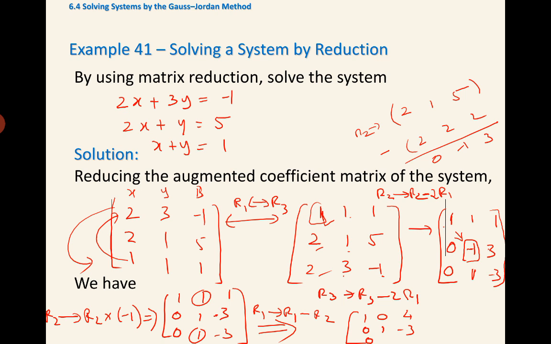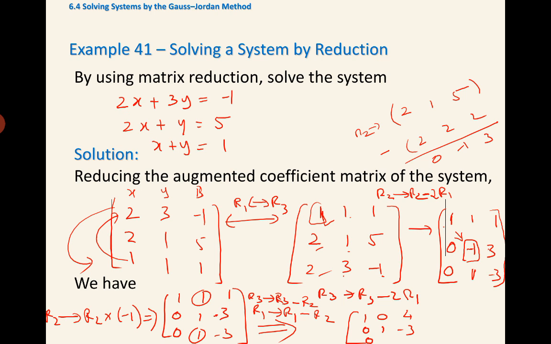Now write the formula for the third row. R3 is the previous row 3 minus the previous row 2.